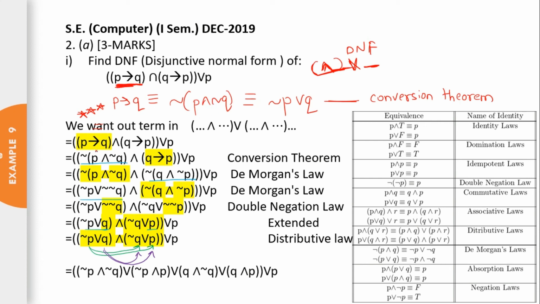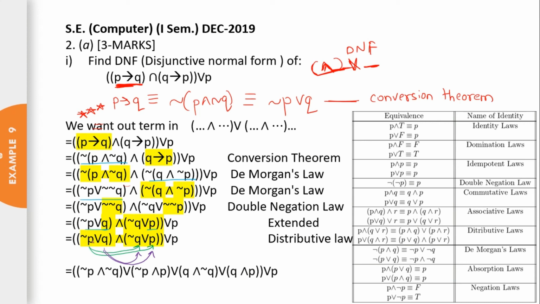This can be converted into negation of P and negation of Q. Again this can be replaced with negation of Q and negation of P. Then we will solve this, and negation of P or negation of Q will become the result by using De Morgan's law. Then solve this. Afterwards we can get negation of Q is Q. So we'll get this answer.